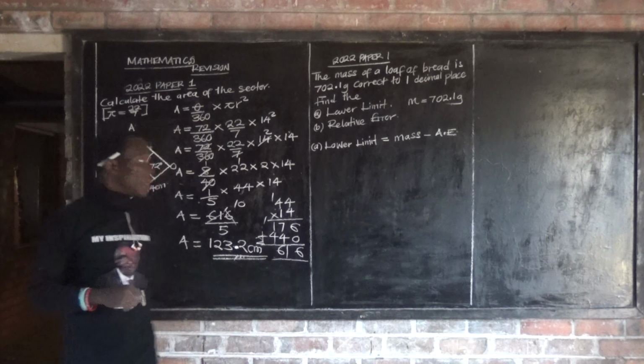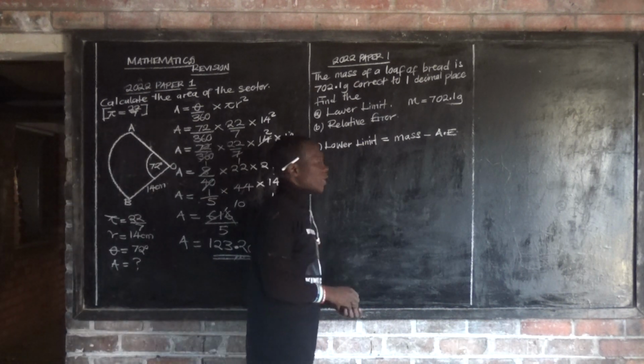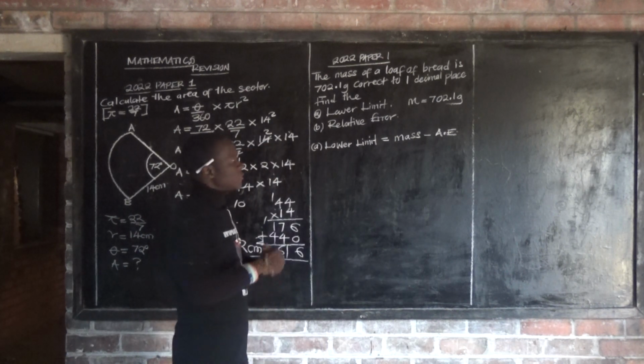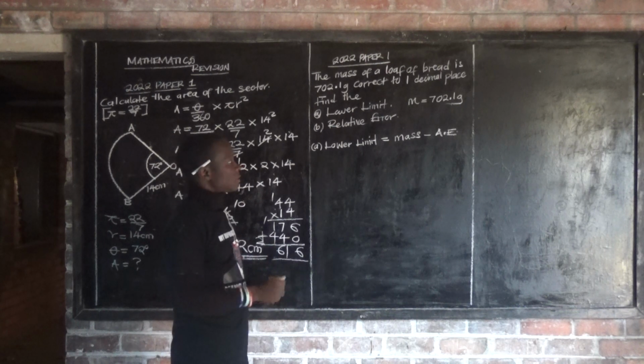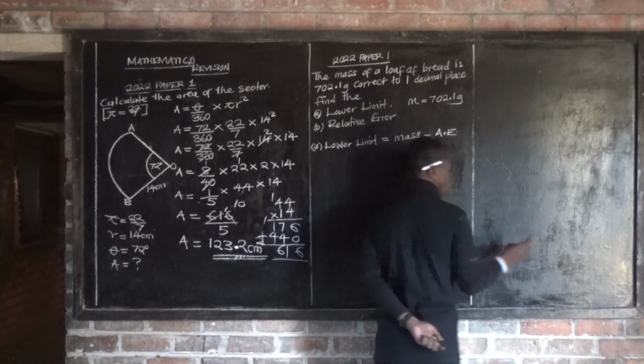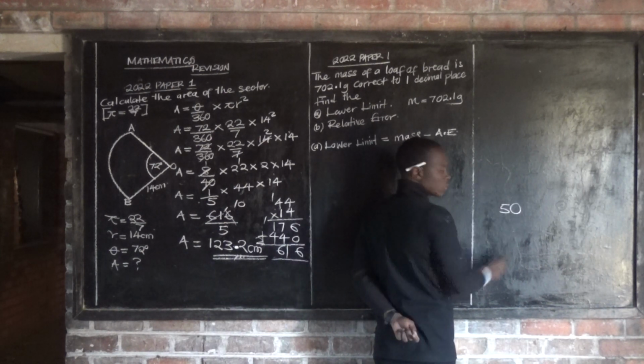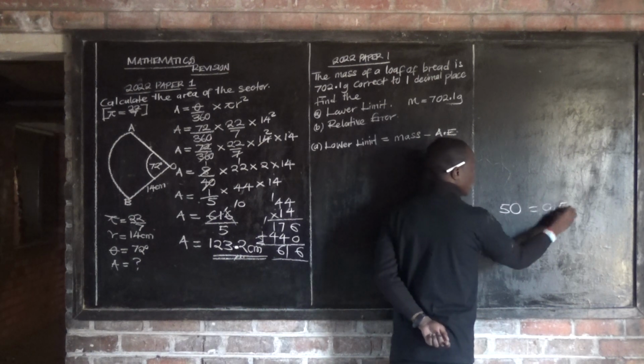Are we together? Now, how do you find the absolute error of this mass? Who can tell us what is the absolute error for this mass? 0.05, yes. If it was a whole number, the absolute error is 0.5.